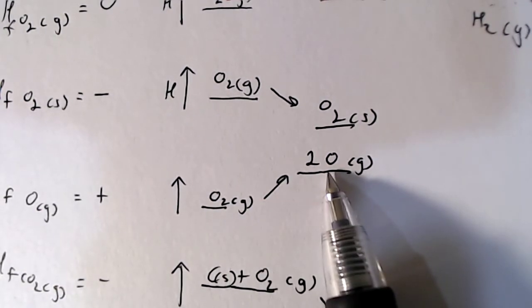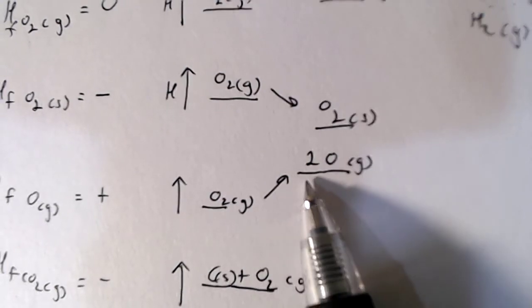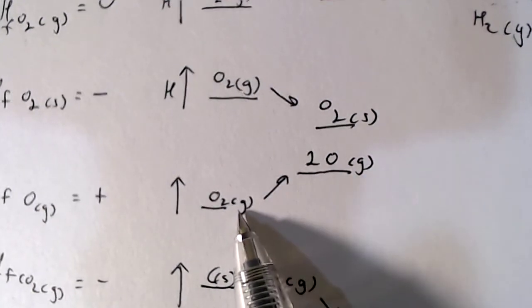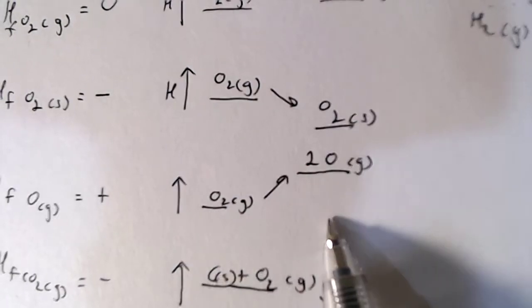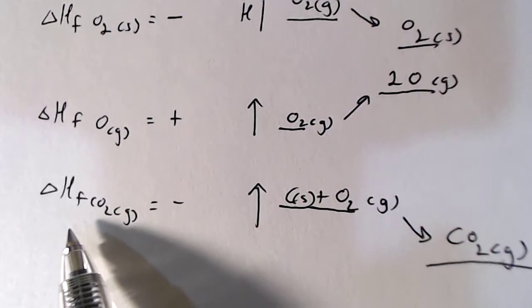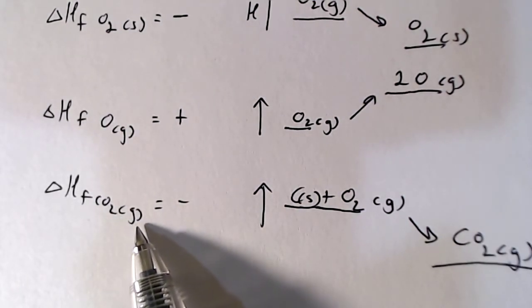Whereas here we have individual oxygen atoms, no bonds. That's not very stable. That doesn't have full valence shells around each atom. So to form this, to make it less stable than the original version of oxygen, involves a positive change in enthalpy.